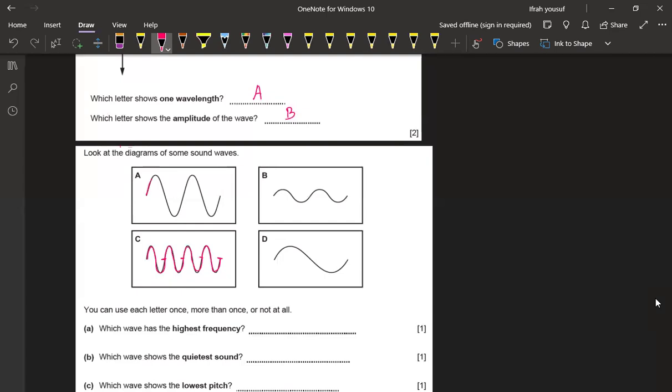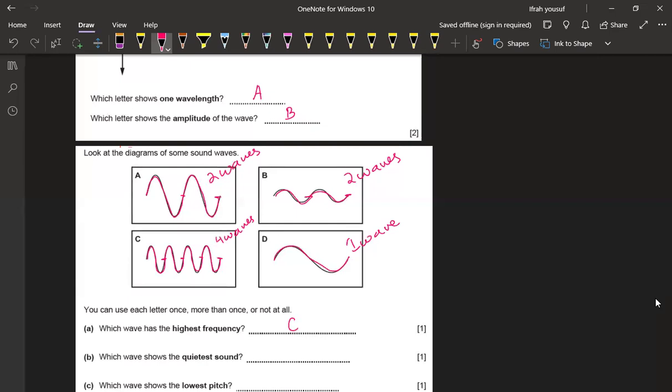And in A, this is one, this is two. Here two waves, here two waves, and here is one wave, and here are four waves. Clear? So highest frequency is in C.